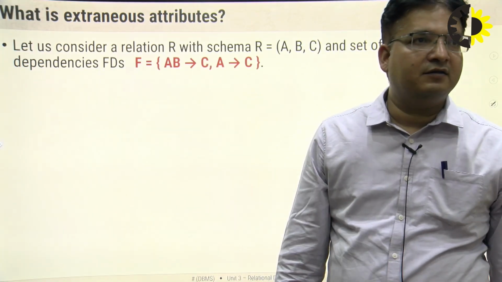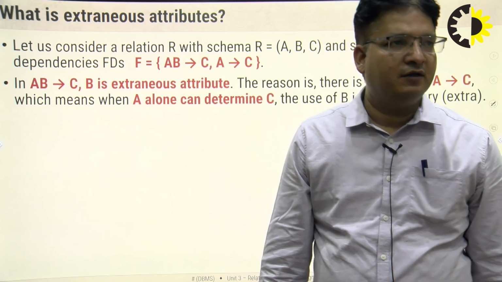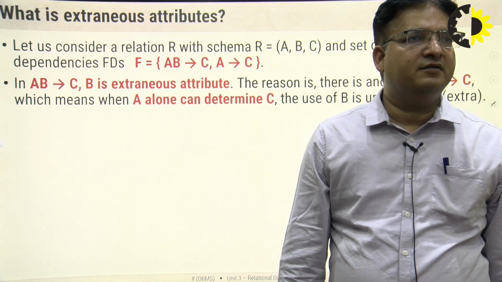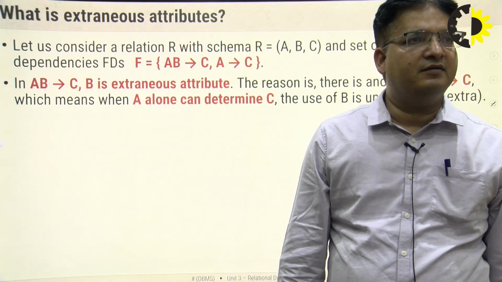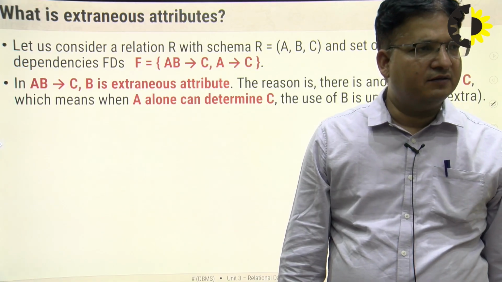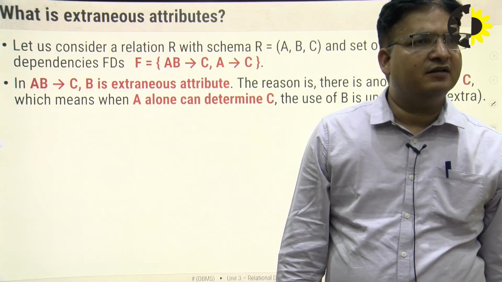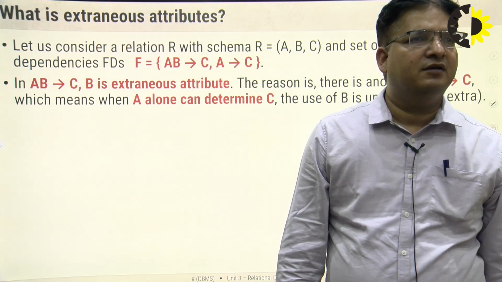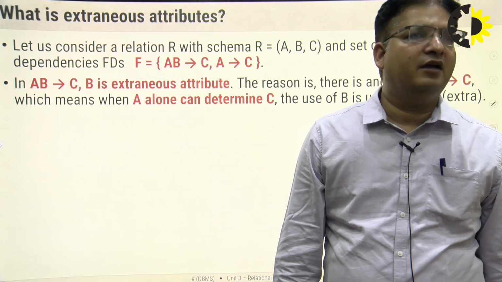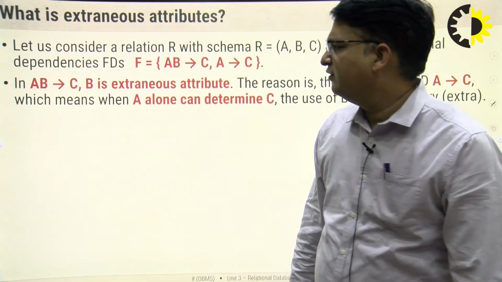Next, let us see what is an extraneous attribute. See, AB determines C and A determines C. Now, in AB determines C, B is extraneous because C can already be determined through A alone, so that B is useless.